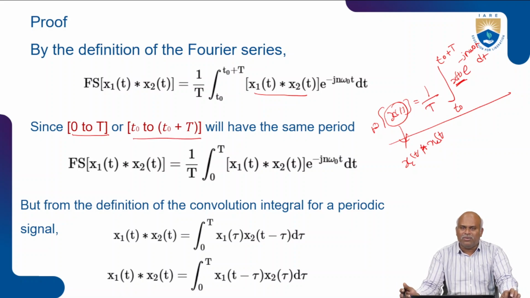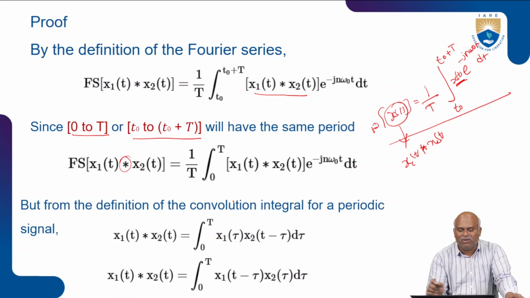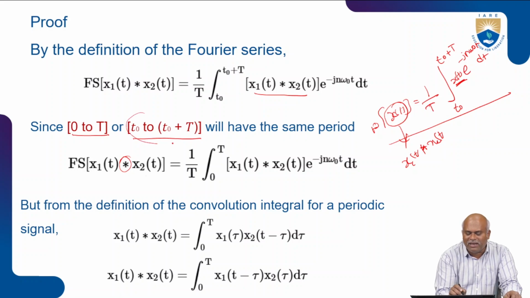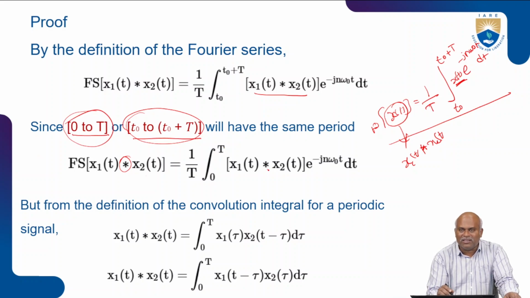Okay, so now I write our equation: the Fourier series of x1 of t convolved with x2 of t is equal to 1 by T integration from 0 to capital T. Here we replaced the limits because both are similar. That's why I write 0 to T of x1 of t convolved with x2 of t, times e power minus j n omega 0 t dt.